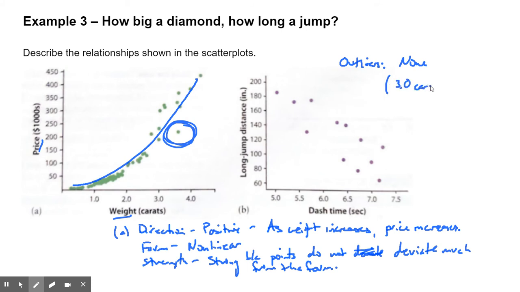It's like 3.6 carats, and then over here, $210,000. I'm all about context. So that's a diamond that weighs 3.6 carats and $210,000 is the price.